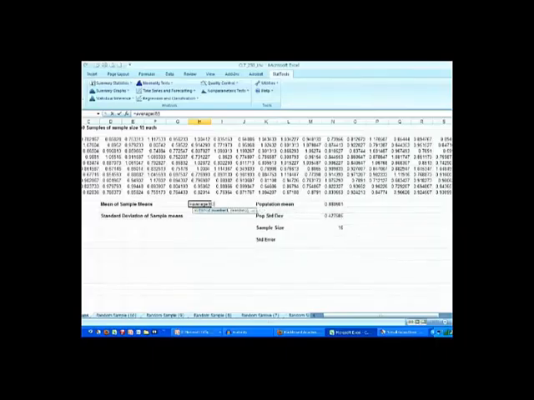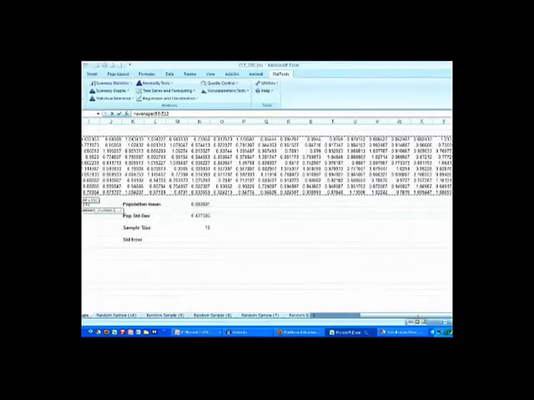Start with the upper left-hand corner, shift control down arrow, shift control right arrow, and that selects everything. We haven't done that yet on a two-dimensional array, but it works the same way. We've done it down a column, I think, and across a row. Well, I can just do the two of those together to select an entire rectangular array. Close parentheses, and this gives me the average of my sample means.